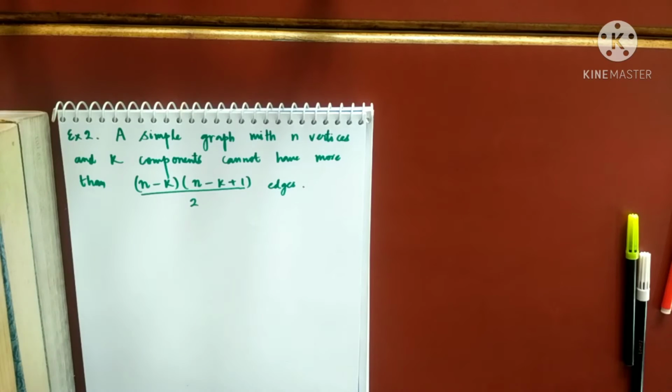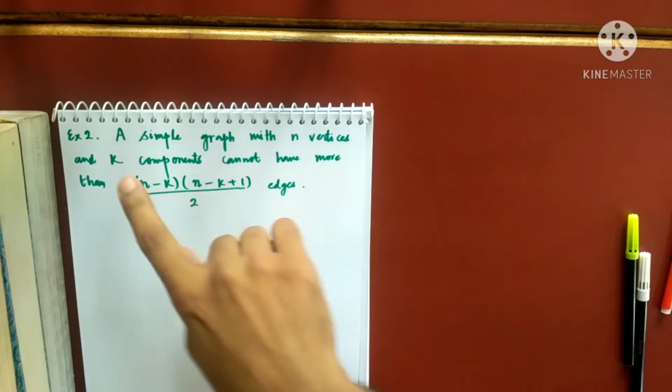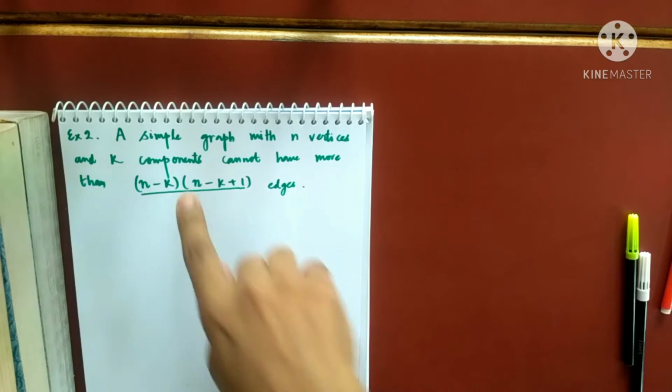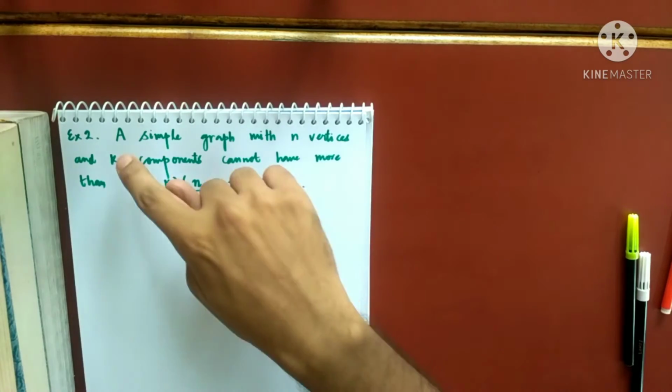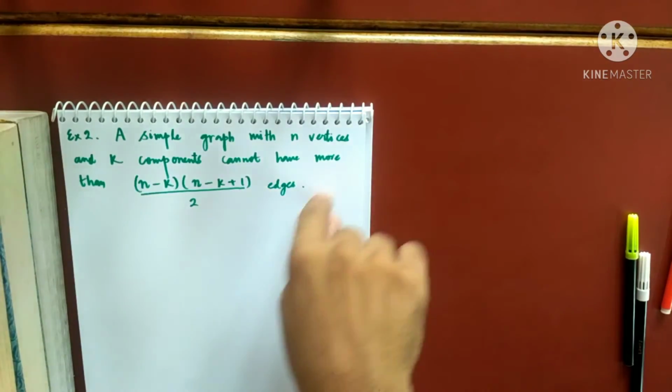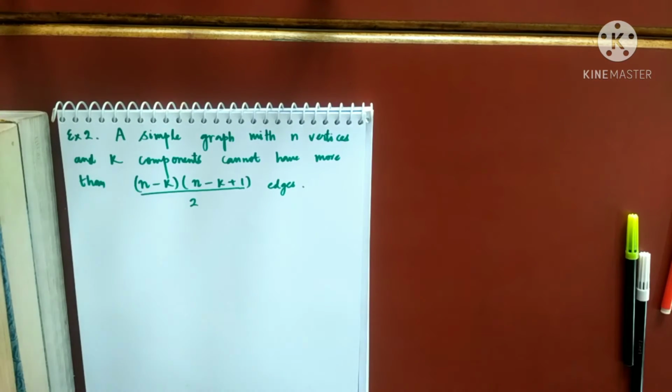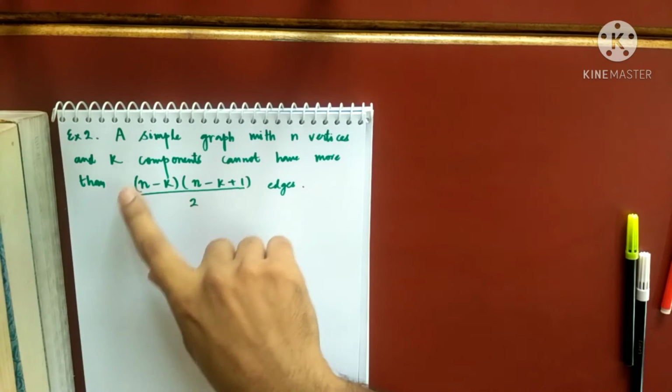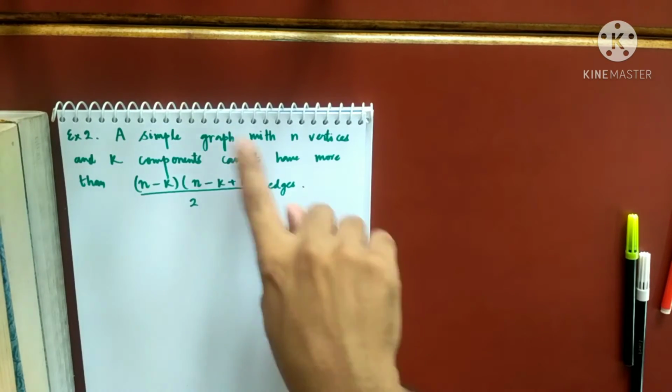But I am assuming that this graph is disconnected having k components. So if my graph has n vertices and k components, then that graph cannot have more than this many edges. Keep that in mind, okay?